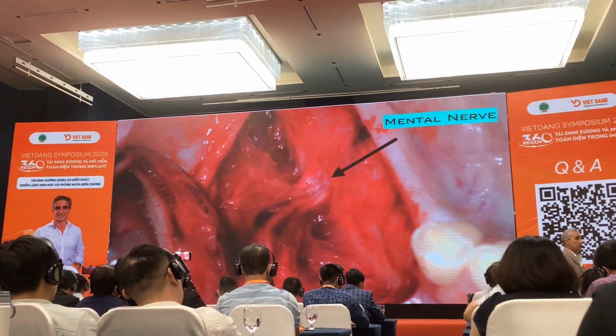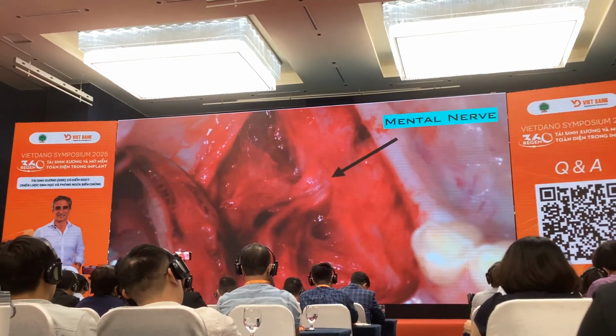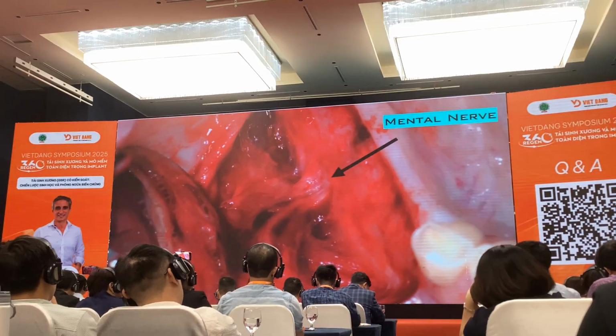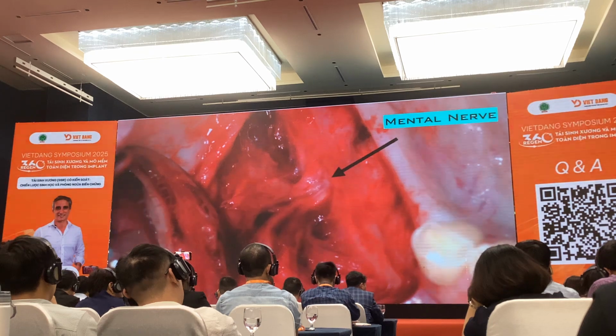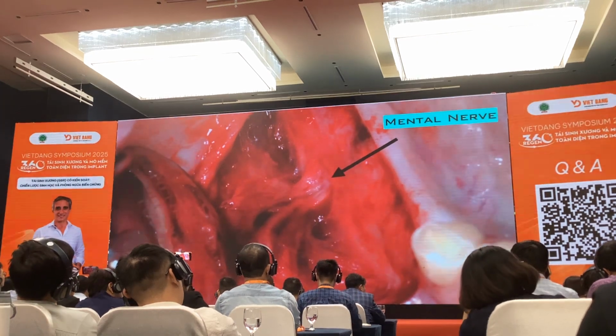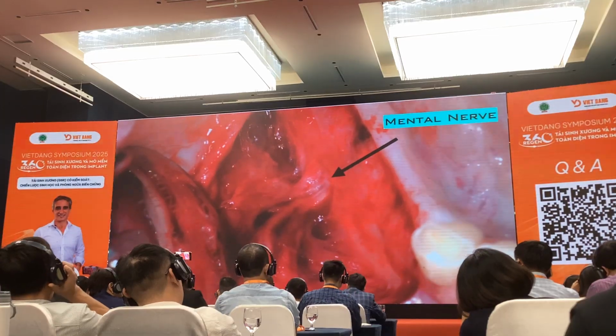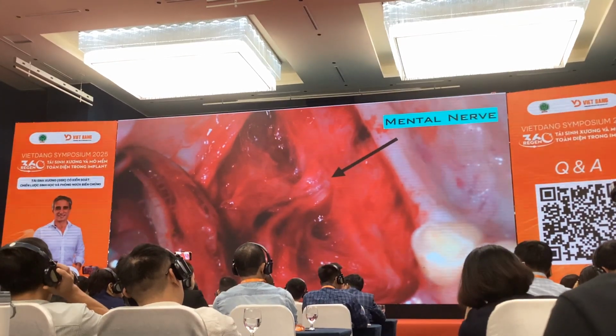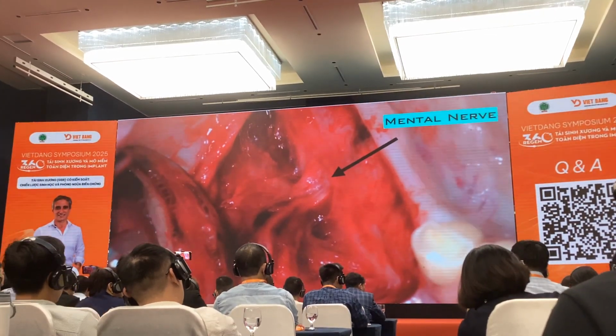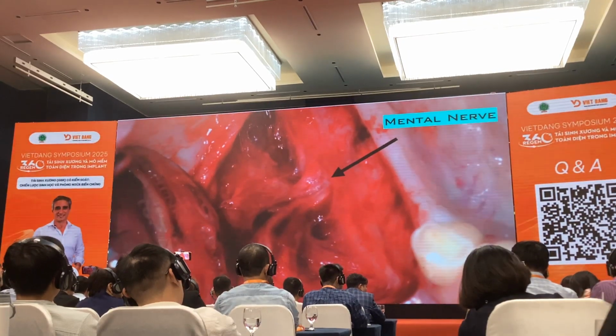Because the main risk of damage of the nerve is the reduction of the vascular support through the closure of some sutures. But you can avoid damaging the nerve if you manage to see the nerve.